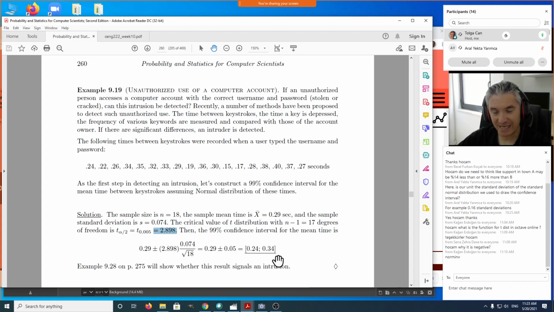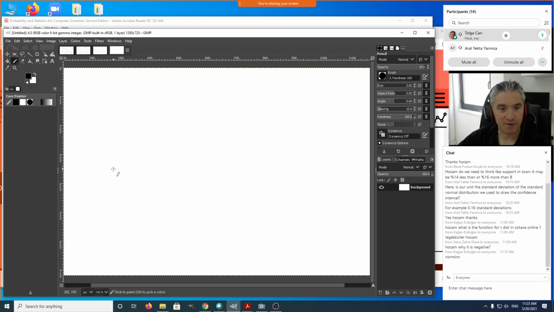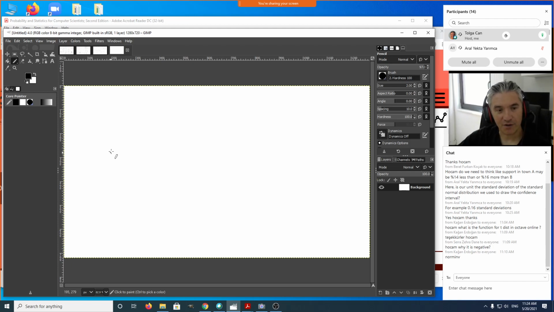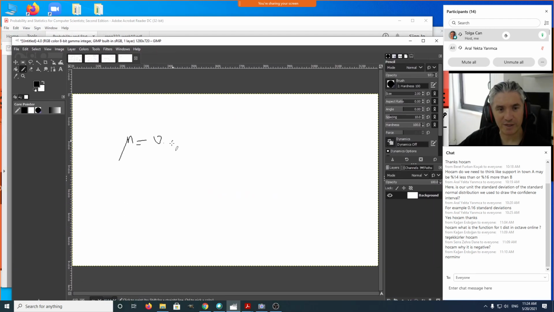The normality, that this is our user, is going to be indicated with an equality. For example, we'll say the mean value is equal to 0.29. So this is our hypothesis, and we are going to collect a sample.